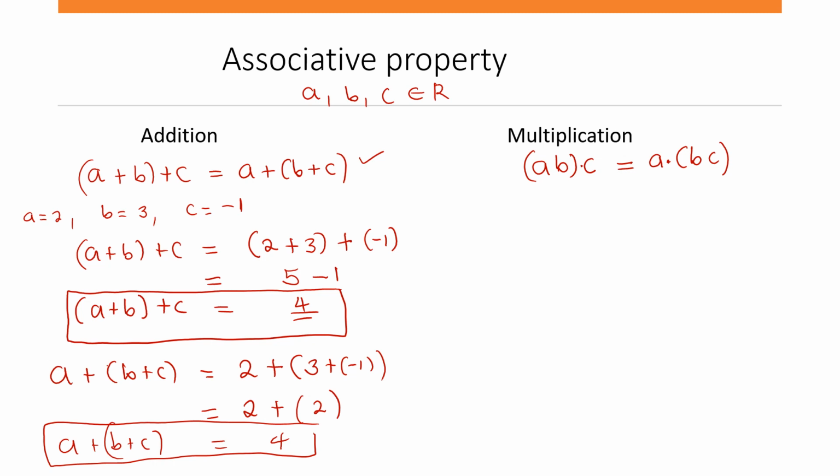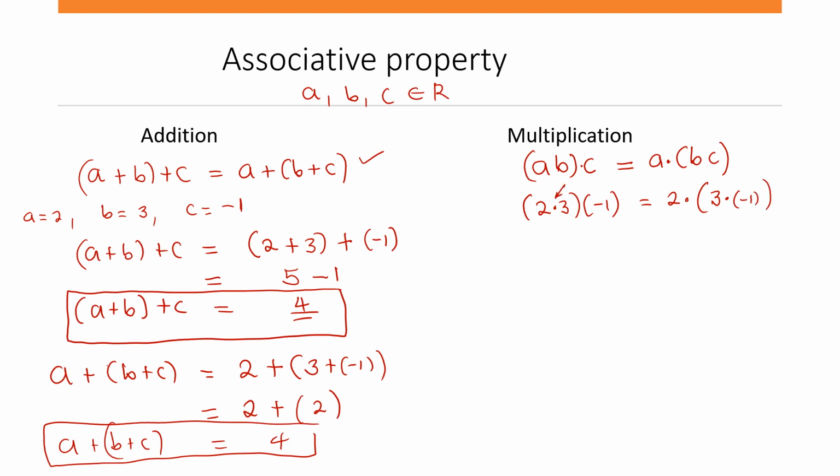So let's apply the same here. Let's just maintain the same a. This is 2 times 3, then you multiply by minus 1. And here, a first, so this is 2. Then you have to finish what is inside the parenthesis, 3 times minus 1, right?